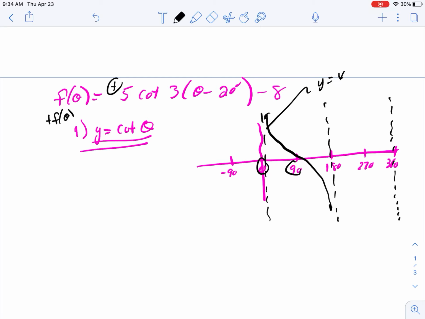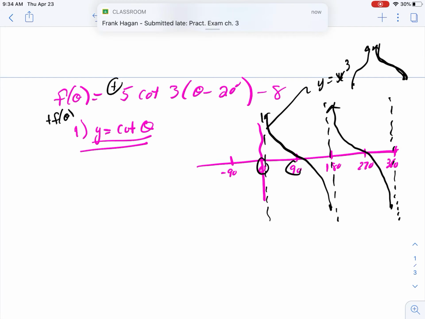So therefore, I always kind of think of these things kind of look like y equals x cubed graph. They're like this, or like this. They look like a cube graph. Okay? And there is the graph. Okay, so now all we have to do is change our values.